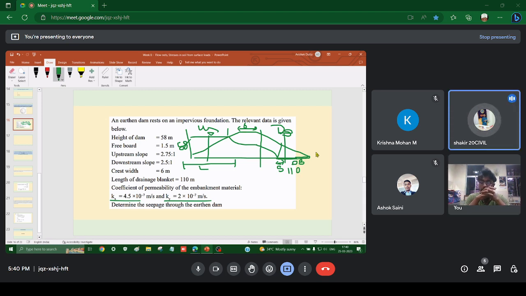Sir, is this question from the topic seepage theory? Yes, from flow nets, from the topic seepage analysis. You first write down the question. There is a derivation of the particular formula which is being used for solving this sum.